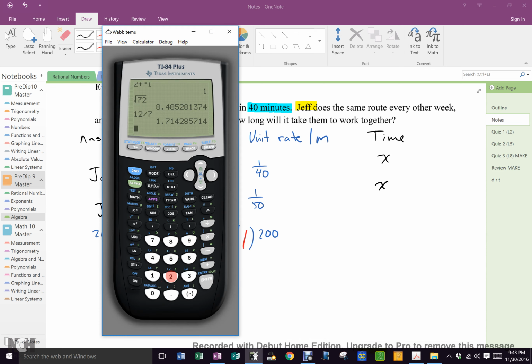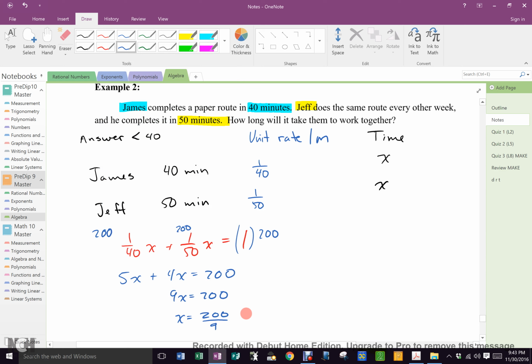And you go to your calculator, 200 divided by 9. You get 22.2 minutes. If you want to get really technical, 22 minutes and 0.2 of a minute is 2/10 of a minute, which is 12 seconds. Again, I don't care. I'm more than happy with that.